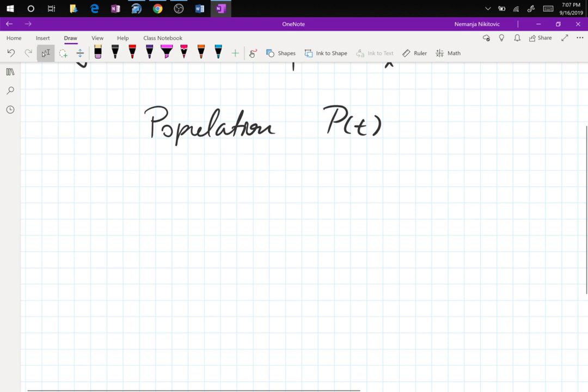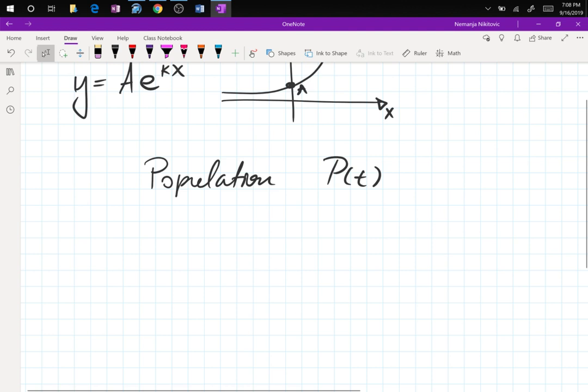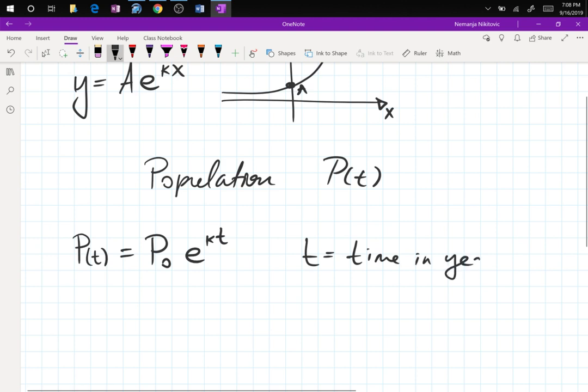The change in population will be detected later on through the derivative. But now we are going to recast our formula from up there: population is the initial population times e to the kt. t is time in years.